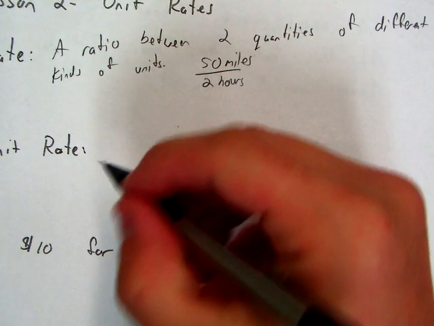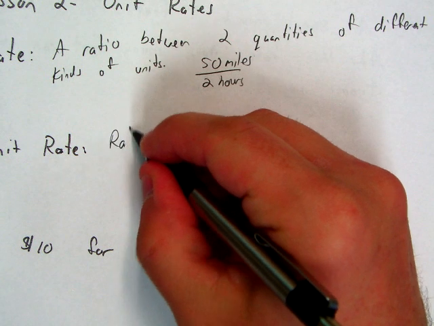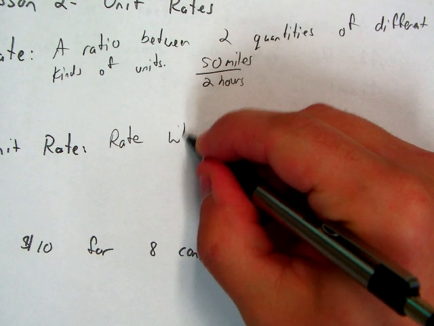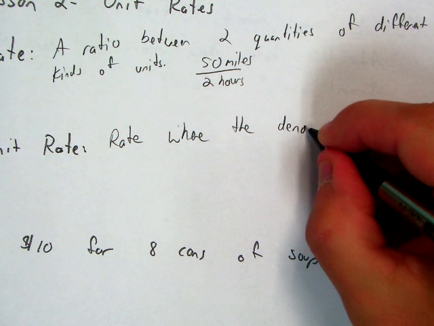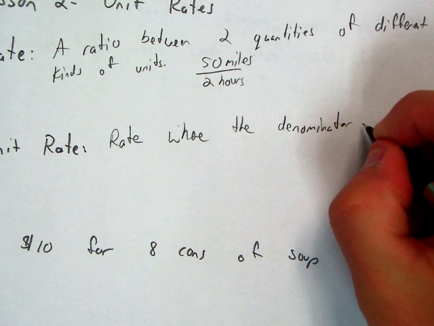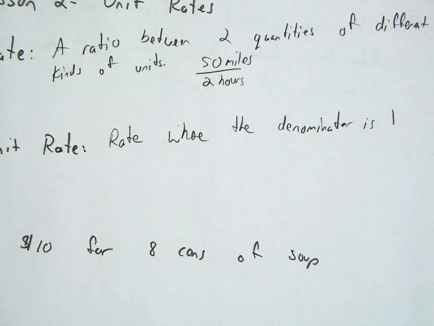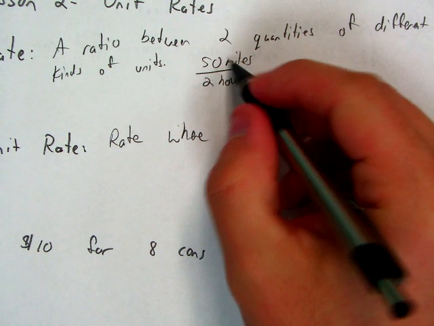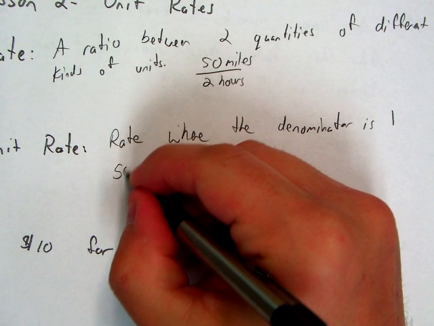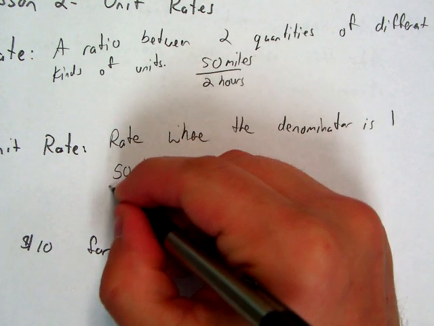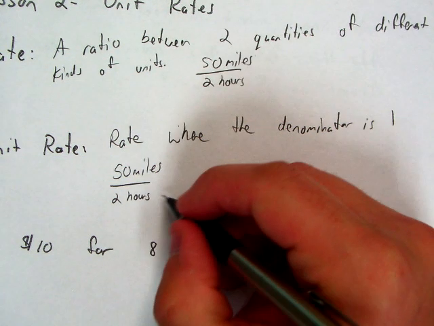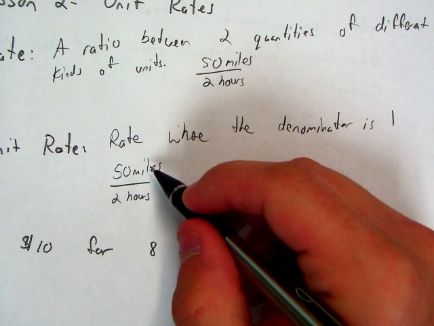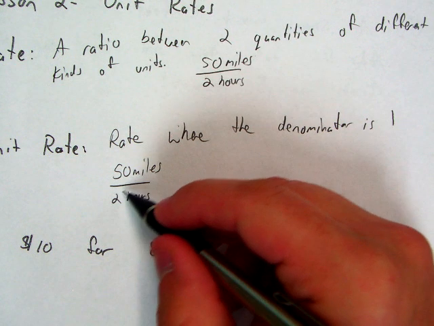Now, a unit rate is a rate where the denominator is 1. So we can take our rate of 50 miles for 2 hours, and if I want to get this down to be a unit rate, I would simply divide both the numerator and the denominator by the denominator.